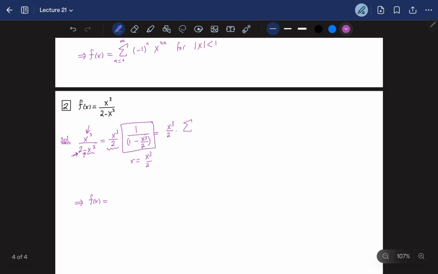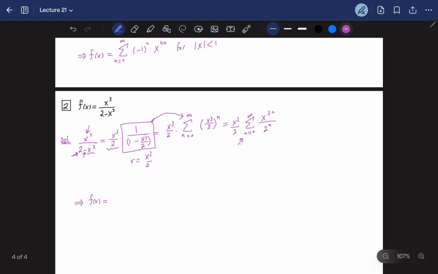Then this thing here is the sum of r to the n, as n goes from 0 to infinity. Now let's see. If we distribute, this is x cubed to the n over 2 to the n.